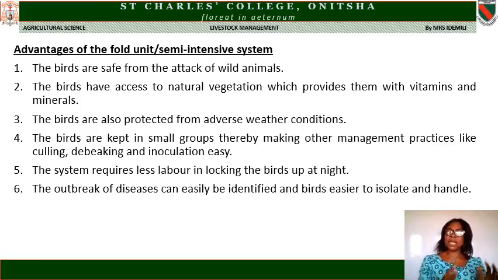The birds are kept in small groups, thereby making other management practices very easy, like culling, debeaking, inoculation, and so on. Number 5, the system requires less labor in locking the birds up at night. And then number 6, the outbreak of diseases can easily be identified and birds easily isolated from the other group.